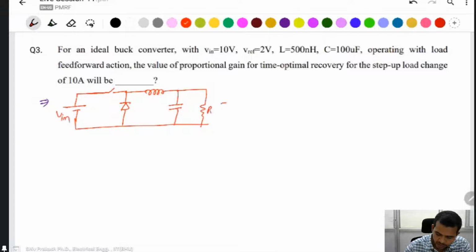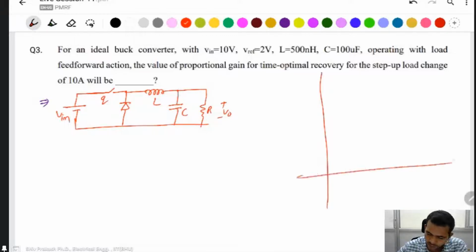This one be V naught, C, L, switch Q. The current will decrease. This one is a graph between output voltage and inductor current.